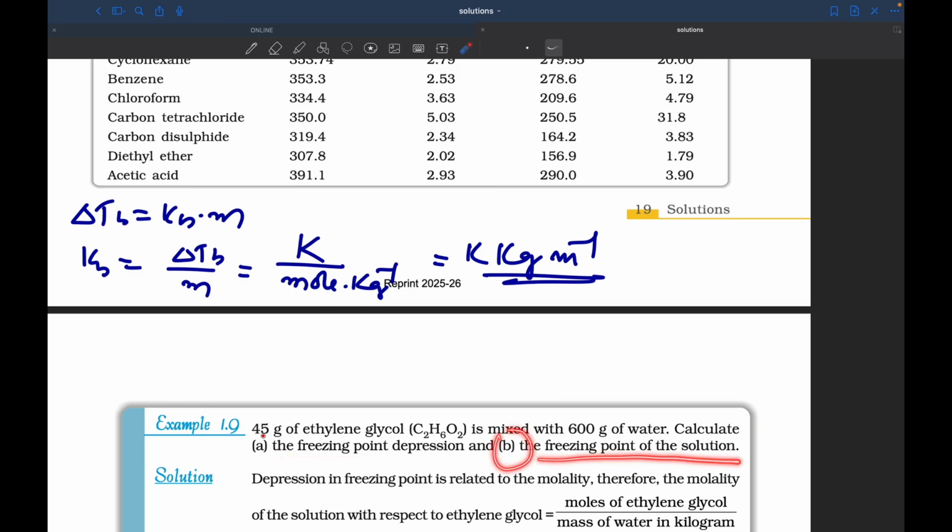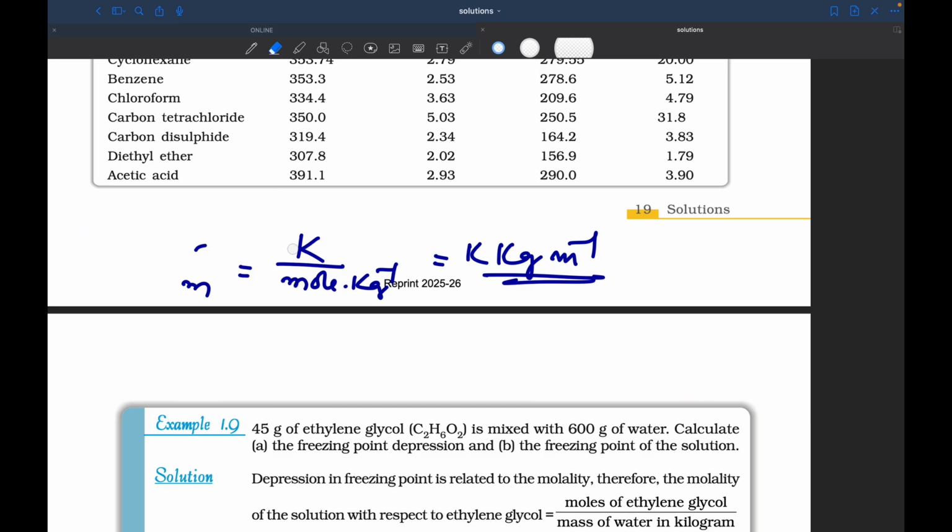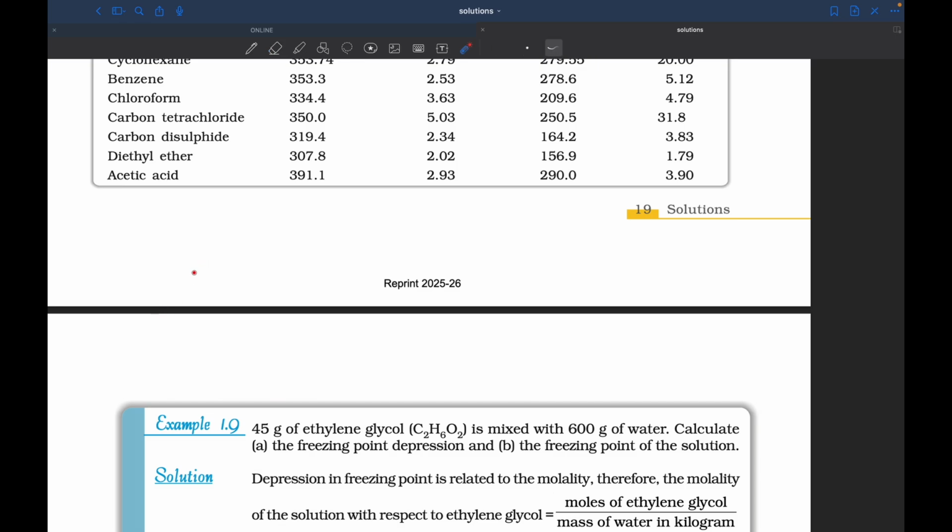Two items you have to calculate, right? So it's a simple thing, you can try it. Give it a try, then we will solve it.